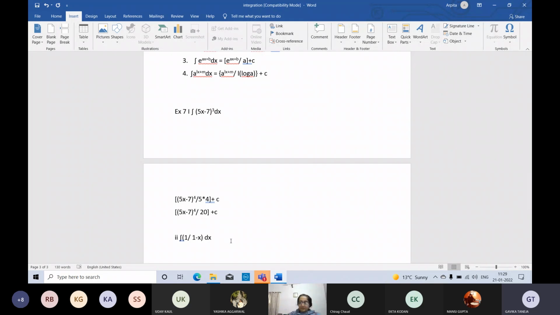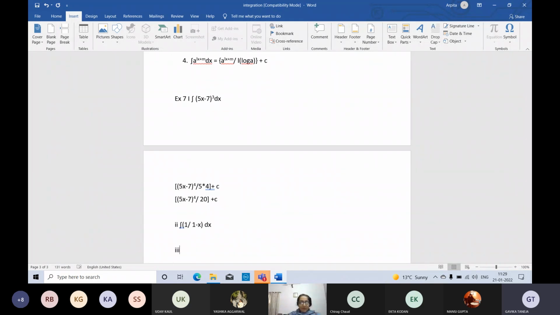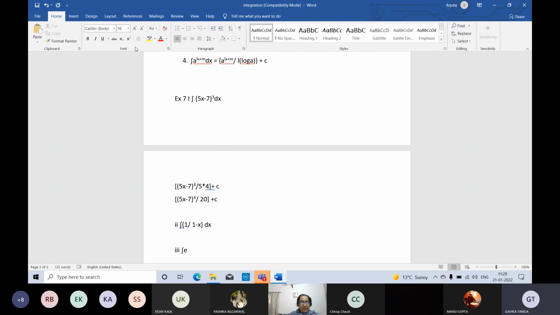Another one. Again, you are going to do it. It's again a simpler one. So we have e raised to the power 5x, and I'm going to integrate e raised to the power 5x dx. Let me just put it like this.